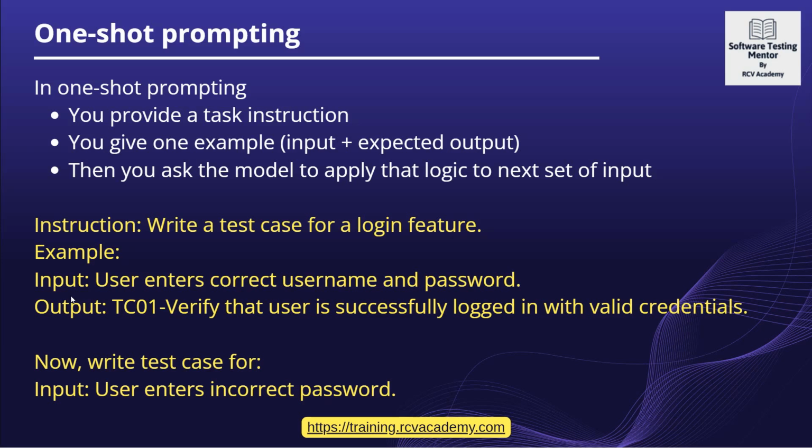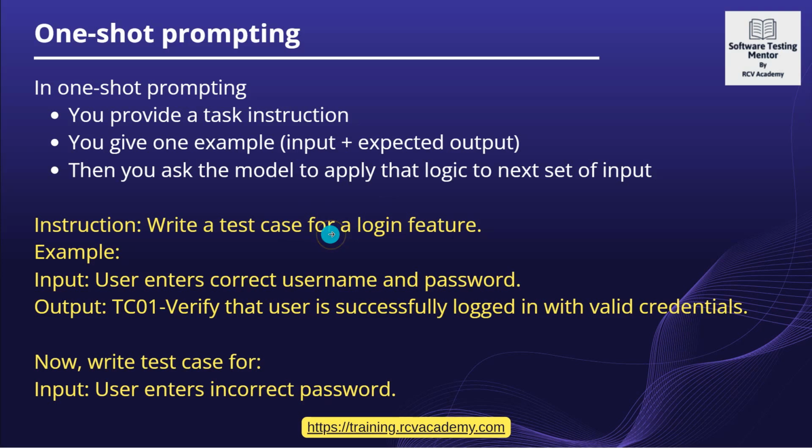So the key to getting a better outcome with one-shot prompting is that your prompt is clear, has a better example, has precise instructions, and you keep the format consistent when you provide the example. And then you also test and tweak things as per the outcome that you are getting. Right, so this is basically what one-shot prompting is.